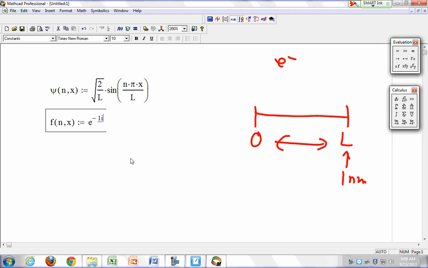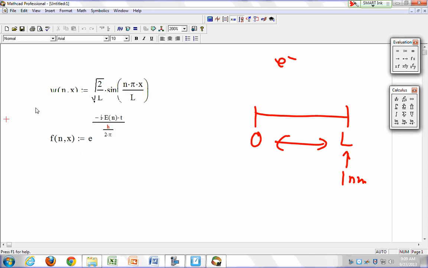If you just type i, Mathcad doesn't know what that means. So you type 1i, that's the imaginary number, square root of negative 1. So 1i times E. Now E depends on which quantum state you're looking at, so E of n. We're going to say E is a function of n. Times t over h bar. So h over 2 pi, right? We can't do h bar on Mathcad, so we have to write h over 2 pi.